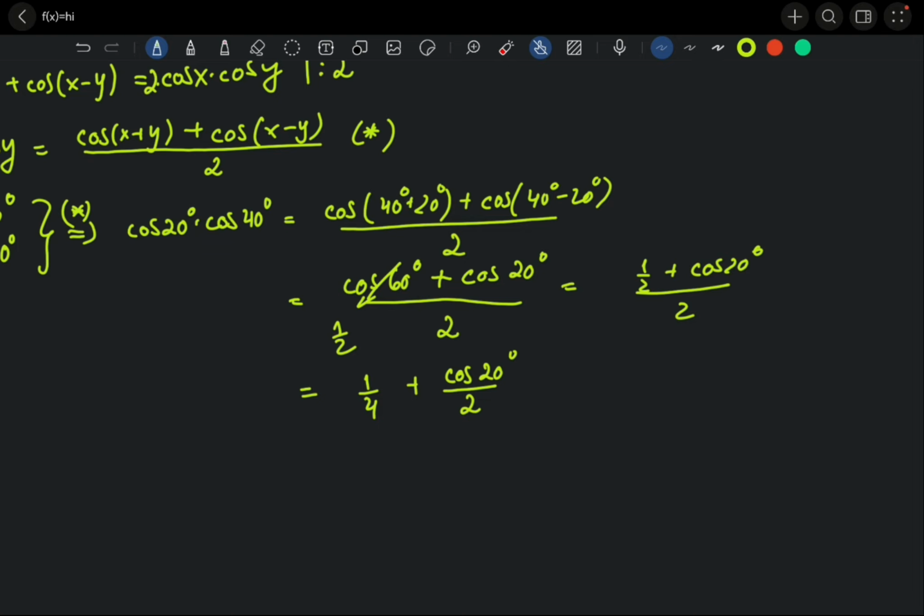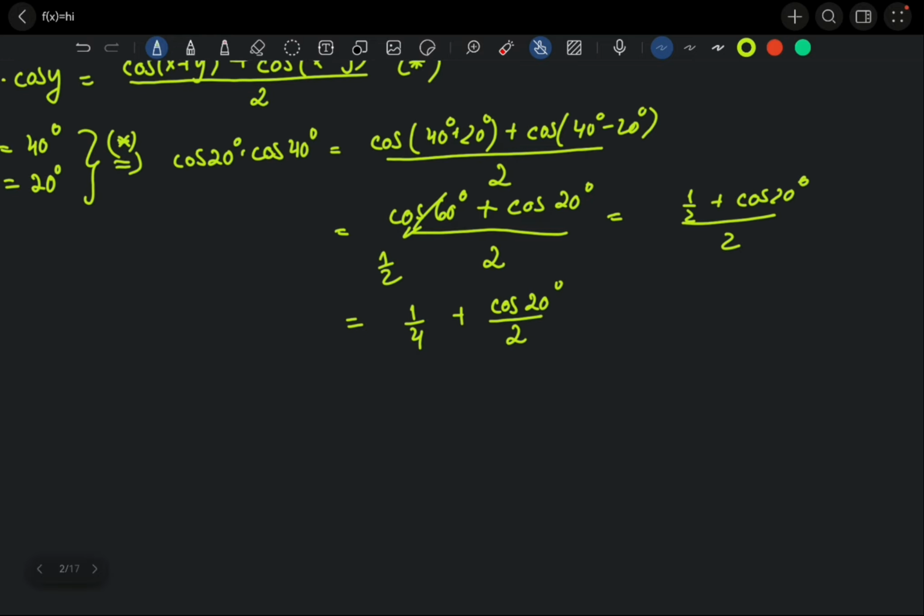And now what? Well, now we multiply the entire expression by cosine of 80. So we got that cosine of 20 degrees times cosine of 40 degrees is equal to 1/4 plus cosine of 20 divided by 2.